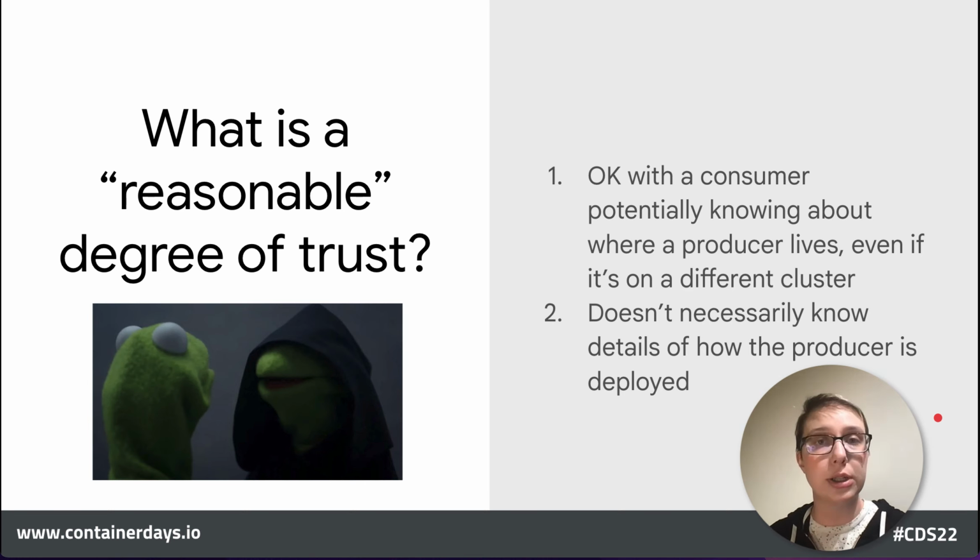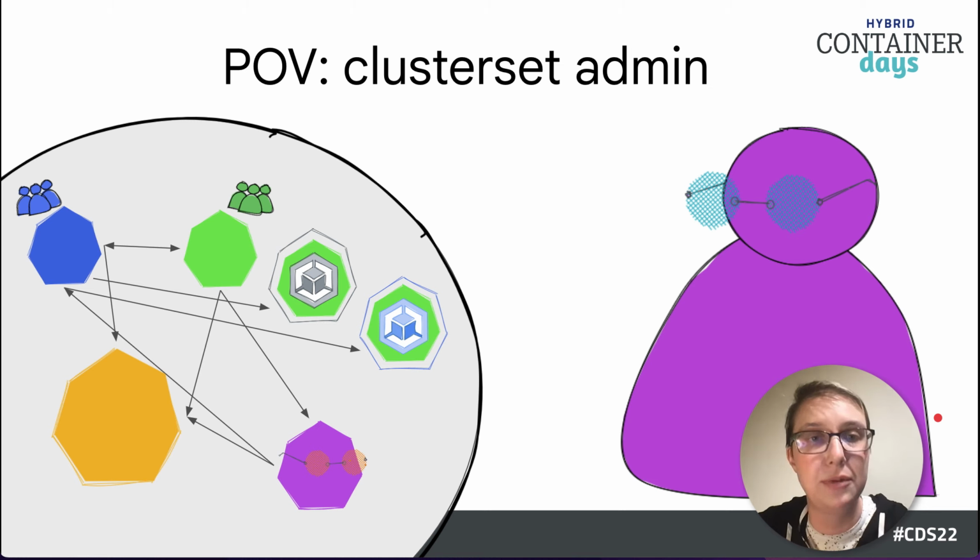So this introduces a new point of view: a person or team, organization, department, maybe not literally a purple meeple with cool sunglasses, but somebody who has administrative privileges over this entire cluster set, over this entire platform of clusters that are working together. So this cluster set admin might have their own sorts of concerns. We'll dig into that in the next slide.